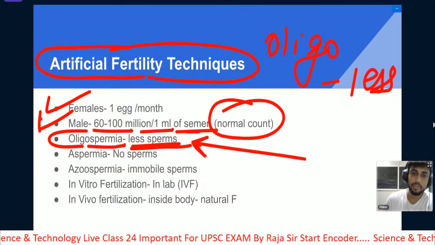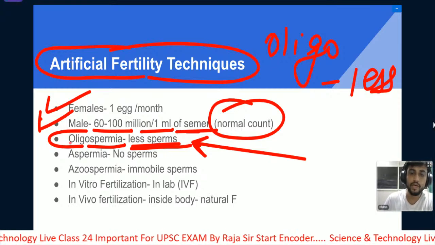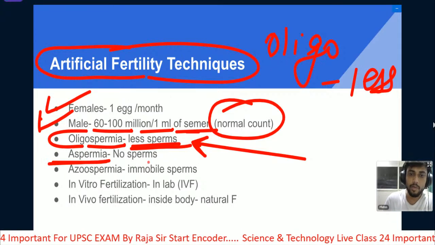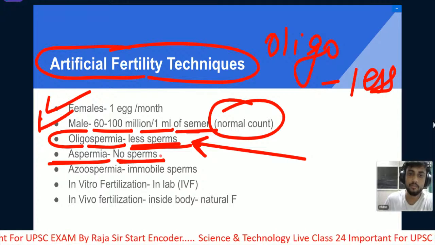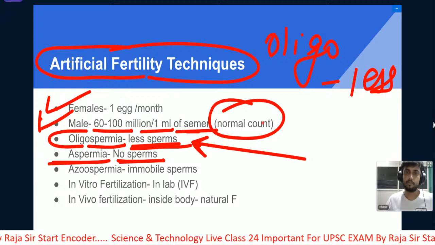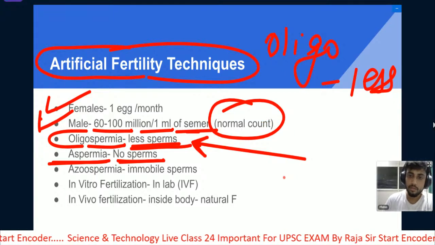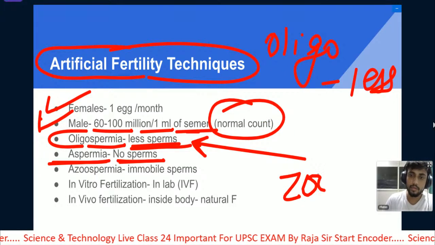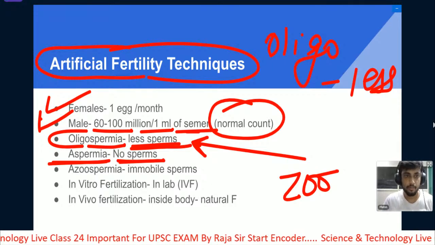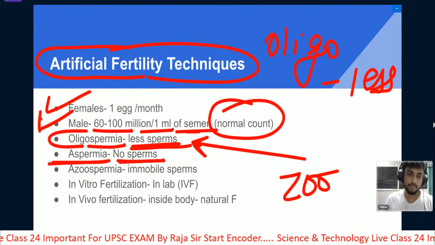There is also one condition known as aspermia. Aspermia means no sperms, A plus spermia. And then we have azoospermia. You also must have heard the term zooplanktons.